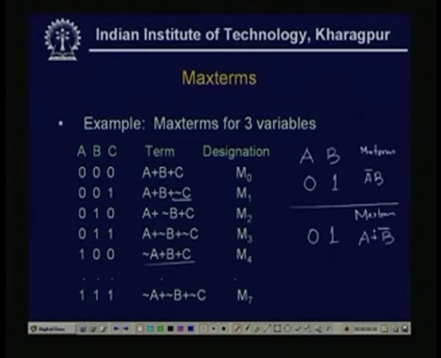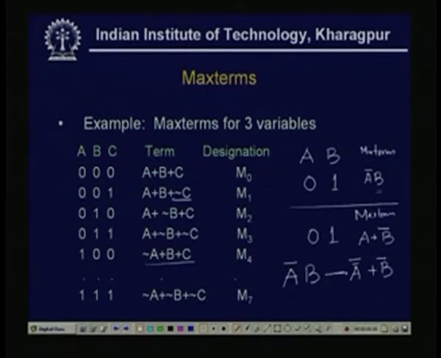Now, see that using De Morgan's law, for A bar B, if I replace the dot by plus, then the variables will be replaced by the complemented ones. So, this will be A bar and this will be B bar.